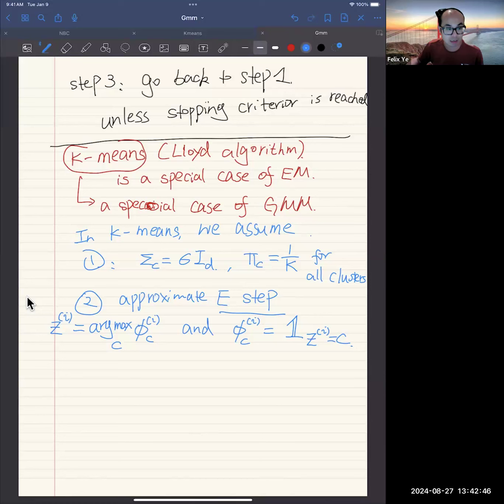It just basically replaces this posterior probabilities with hard cluster assignment.